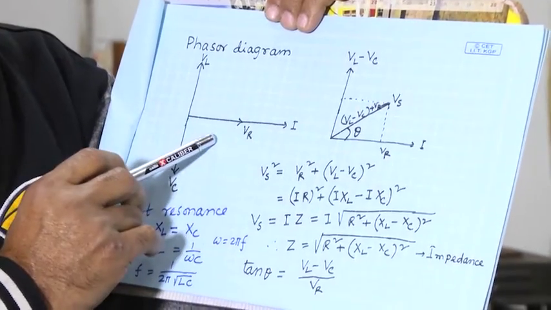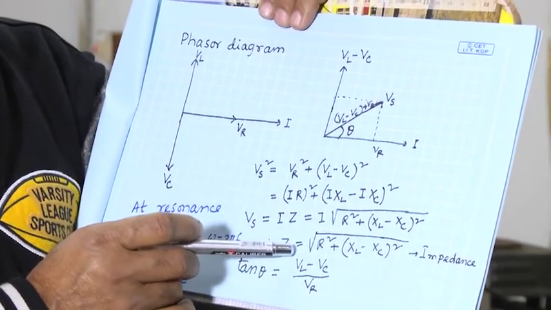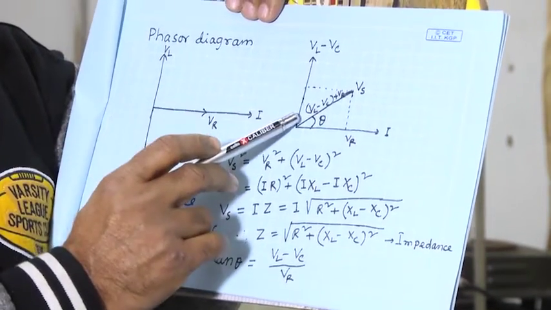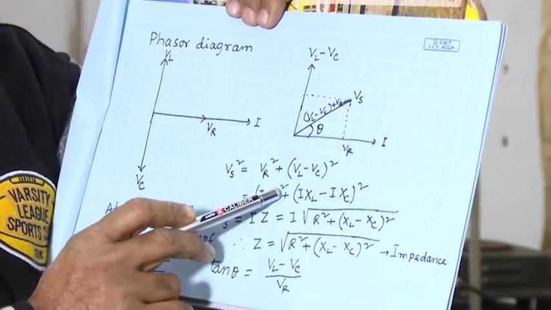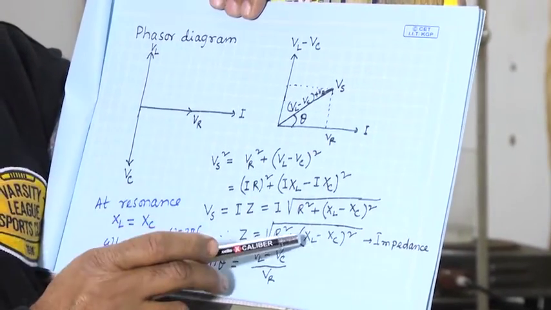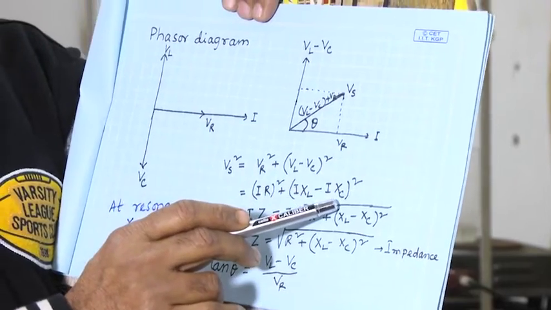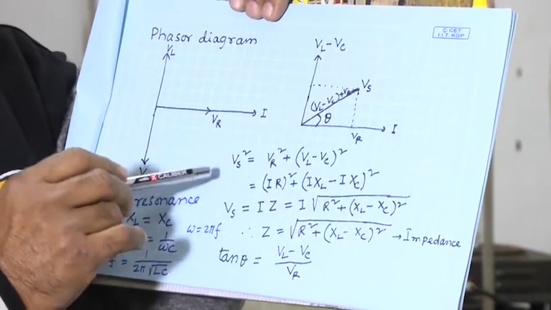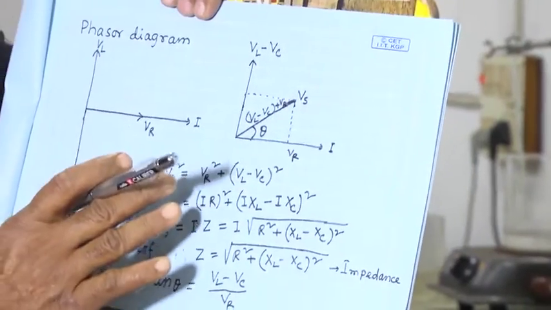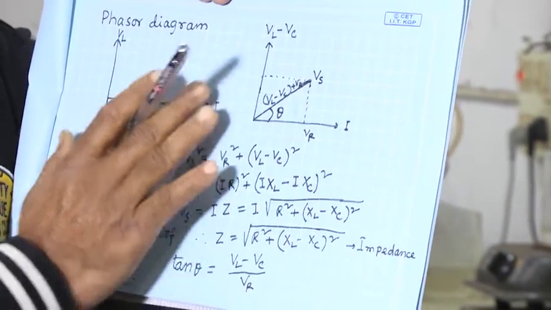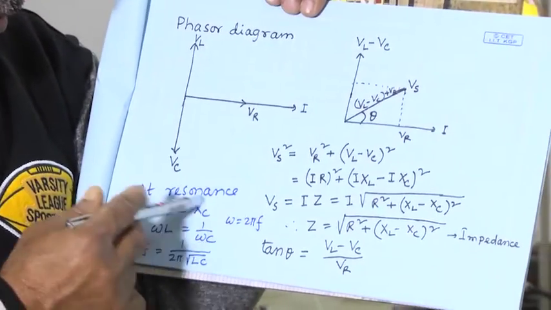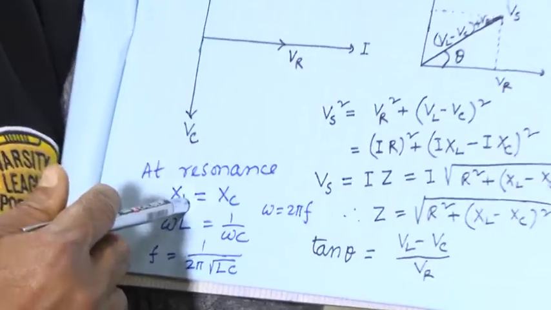So VL versus I, VR versus I, VC versus I, that you can plot for a particular frequency, and for that frequency you can find out XL and XC or the resistance R from the slope of the curve. It will be a straight line. That part I will not show you here, only this resonance in this circuit.